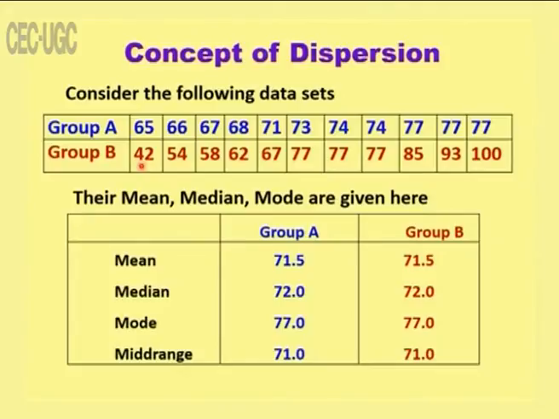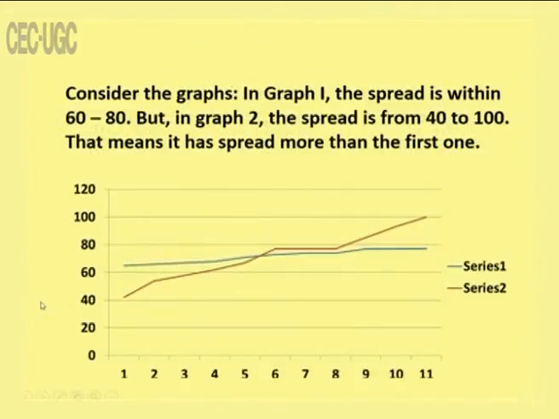Now, let us see what is the difference. If you take the graph, this graph is for set A and this is for set B. The data set A fits fully within 60 to 80, but on the other hand, the data set B ranges from 40 to 100.